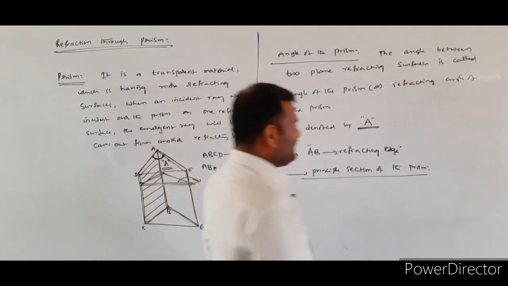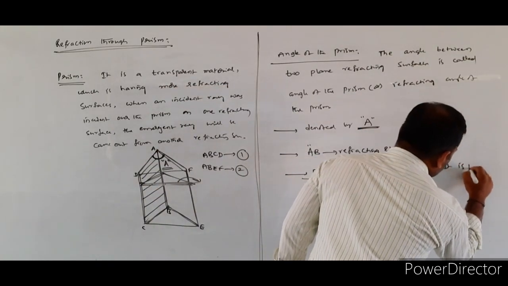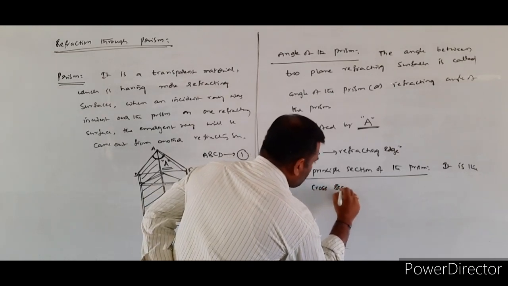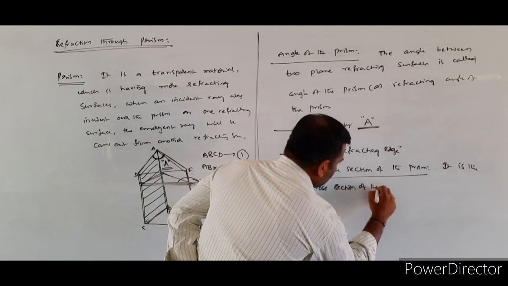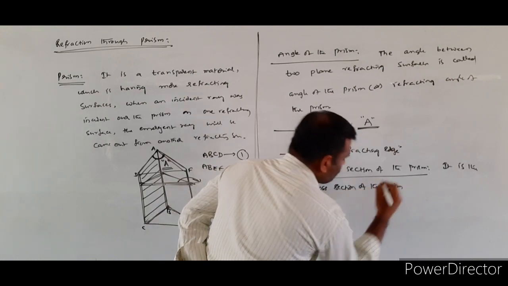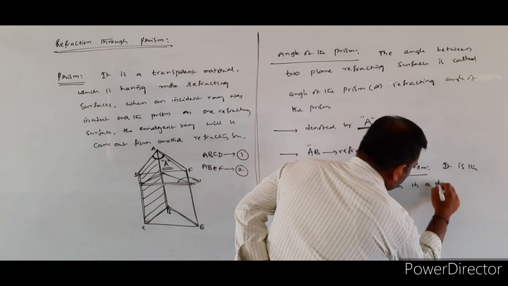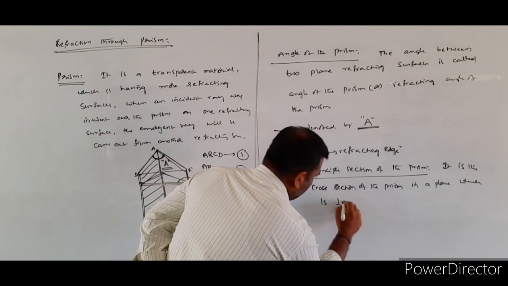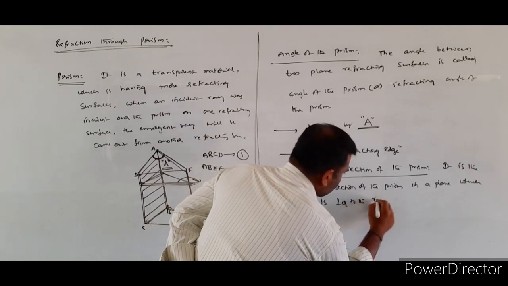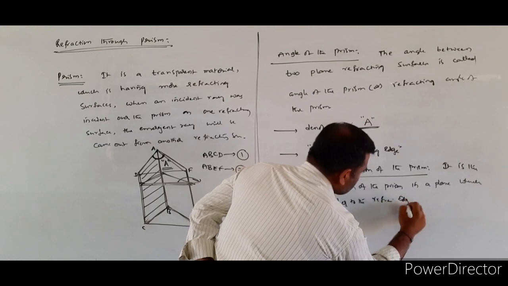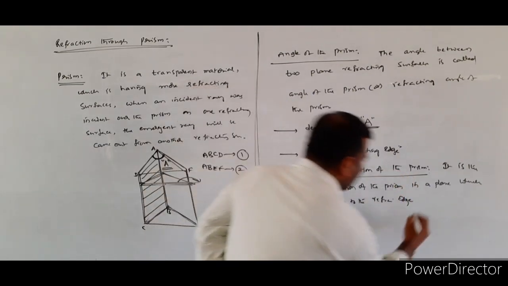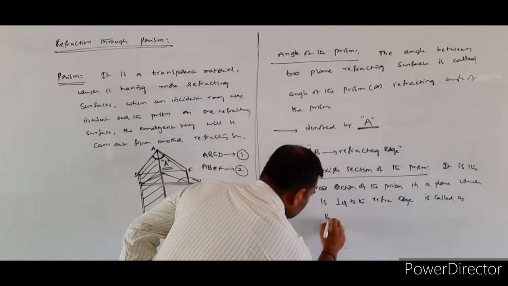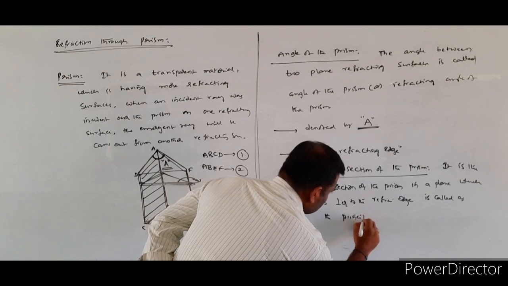So how can we define? It is the cross section of the prism in a plane, which is perpendicular to the refracting edge, is called as the principal section of the prism.